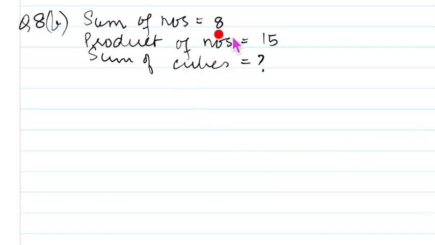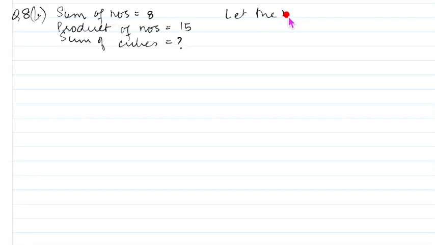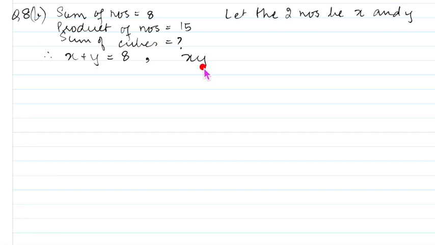So in our presentation, we'll write like this. Now, if there are two numbers, then we will say let the two numbers be x and y. So therefore, sum will be x plus y equal to 8 and the product will be xy, which will be 15.